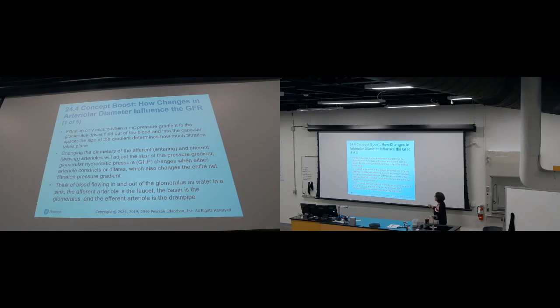So for instance, when you change the diameter of your afferent arteriole, the arriving one, the efferent, which is nearby, will adjust its size in an effort to maintain a gradient for the glomerular hydrostatic pressure, or GHP. So when either arteriole constricts or dilates, the filtration gradient changes.